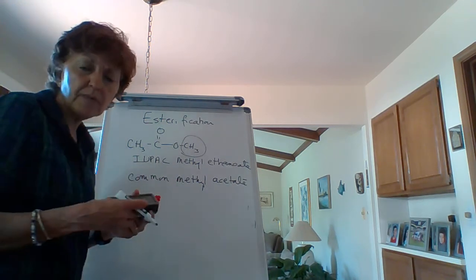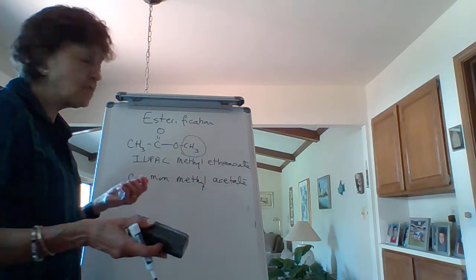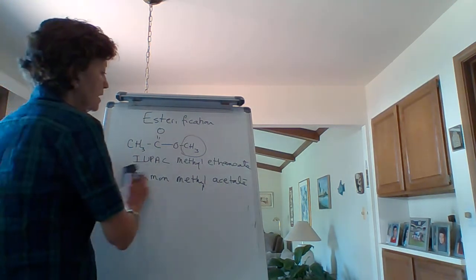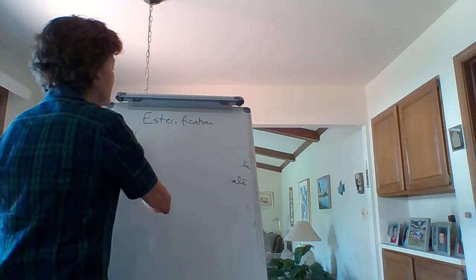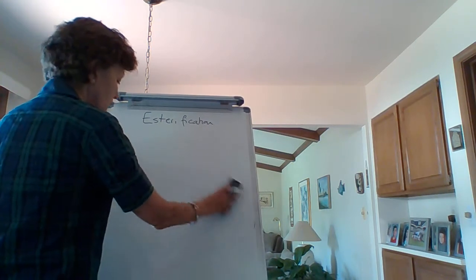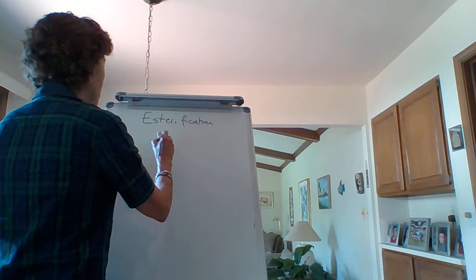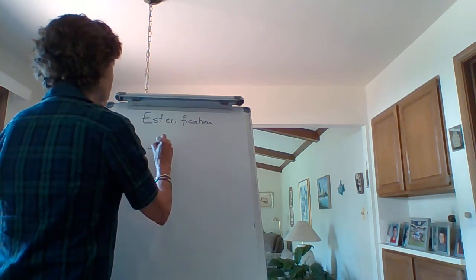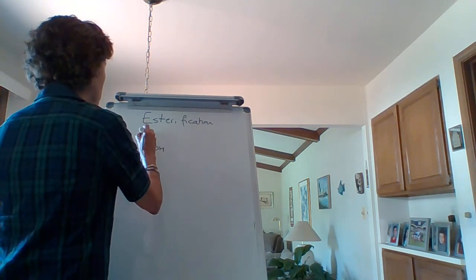Okay, again, there's plenty of practice in the homework, plenty of practice in your book, but let's try another one. I'm just going to flip it over so that you're used to seeing it anyway I give it to you. So let's say I have this molecule over here.